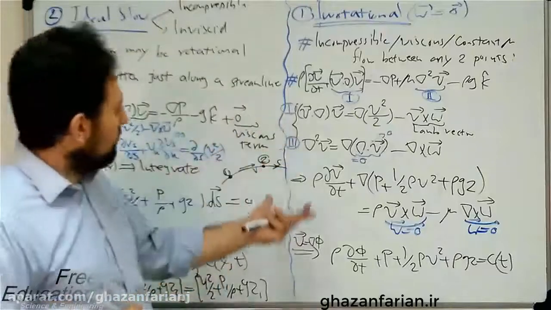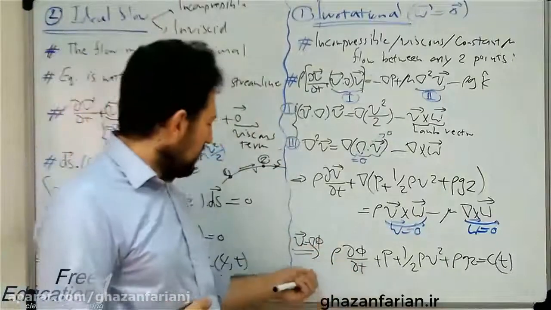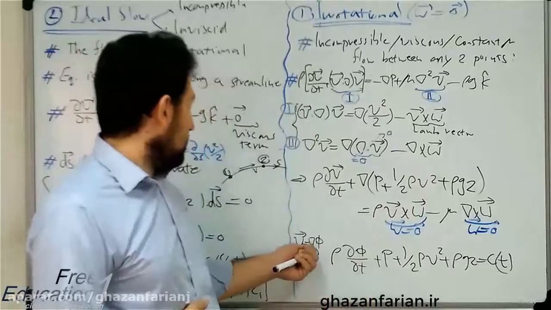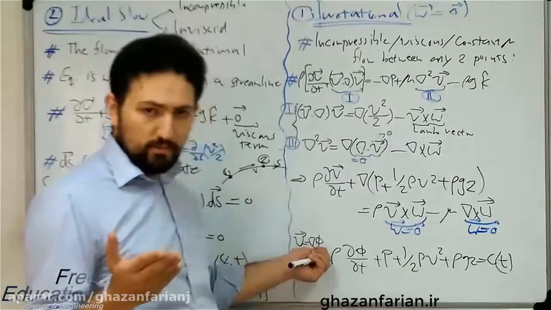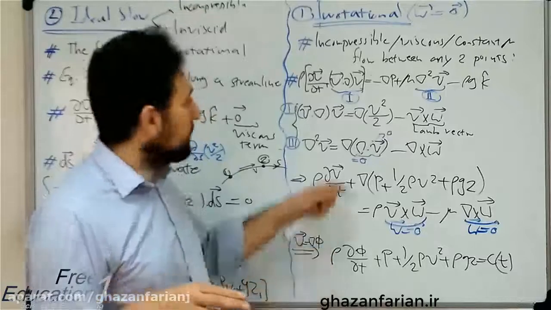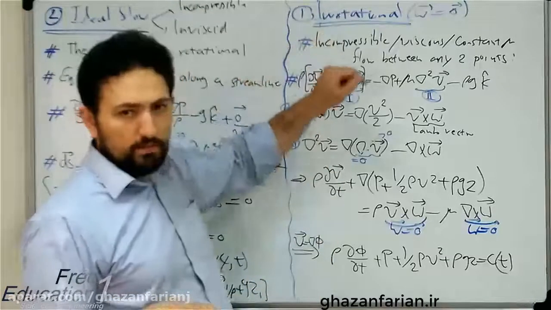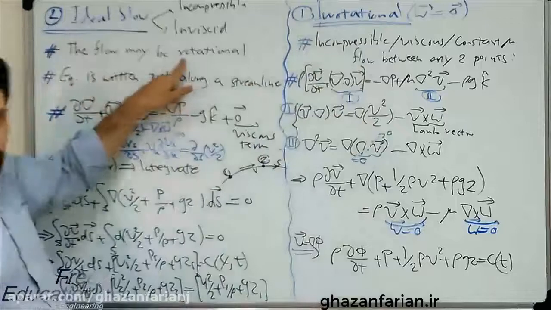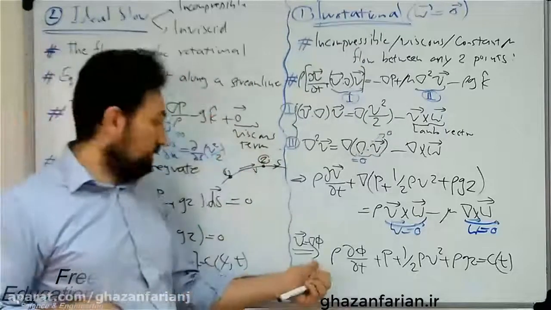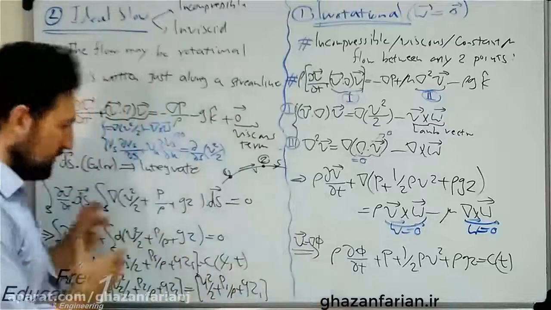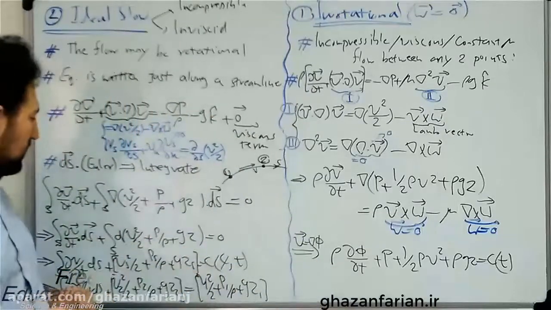But the first version of the Bernoulli's equation is engaged with the potential function, because the potential function can be just defined for irrotational flows. Here the flow can be rotational. So you can use the phi or the potential function in this version, but you see the psi appears here.